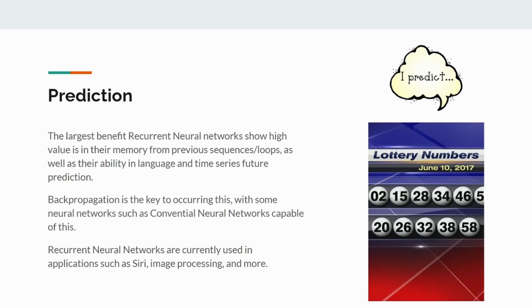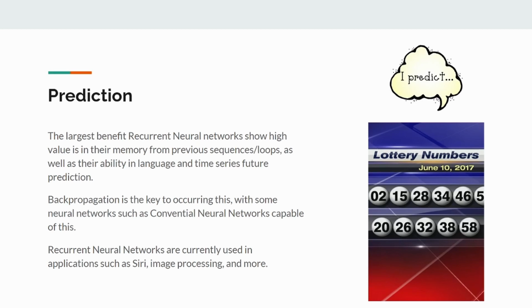These can be more efficient than other neural networks. Backpropagation is a conventional neural network need. Right now, recurrent neural networks are widely used, especially in Siri, image processing, and more.